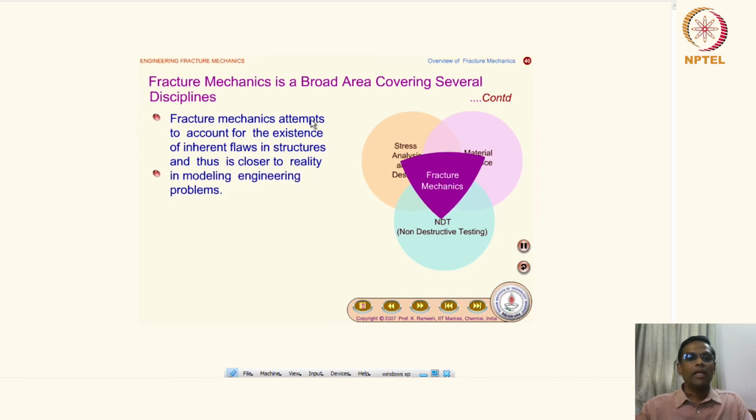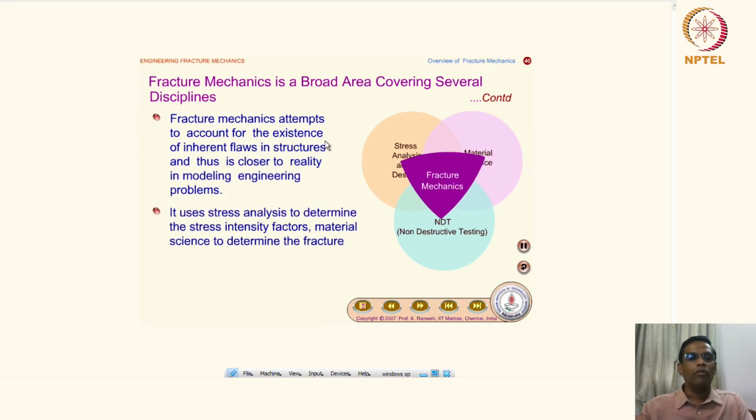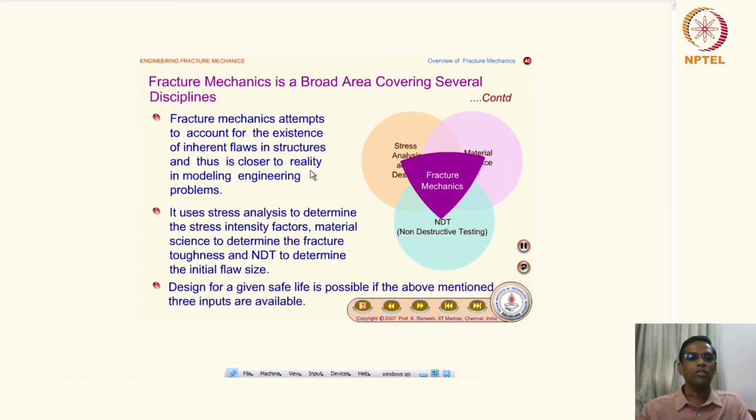So fracture mechanics attempts to account for the existence of inherent flaws in structures and thus is closer to reality in modeling engineering problems. That's what I just said. It uses stress analysis to determine the stress intensity factors, material science to determine the fracture toughness, and NDT to determine the initial flaw size. You see, the stress analysis comes out with a parameter called the stress intensity factor. We will see it.